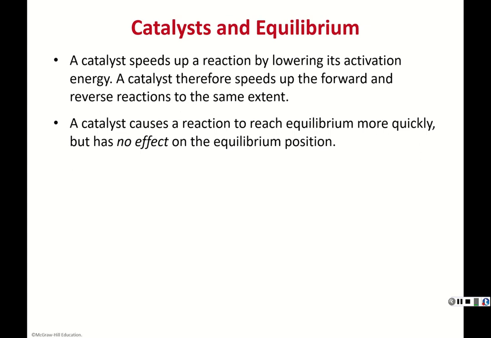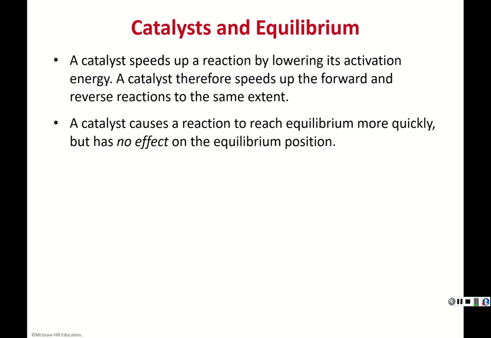So the last thing to consider is catalysts, and this is where we make a tie back to chapter 20 material. We talked a little bit about catalysts when we discussed delta G, and remember, catalysts speed up reactions, and they do that by lowering activation energy.